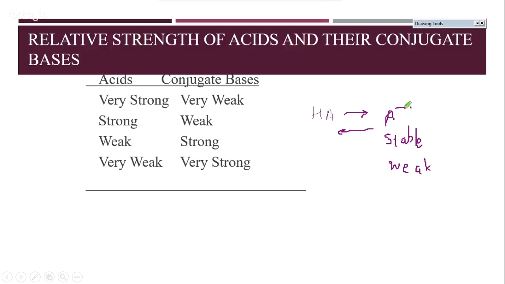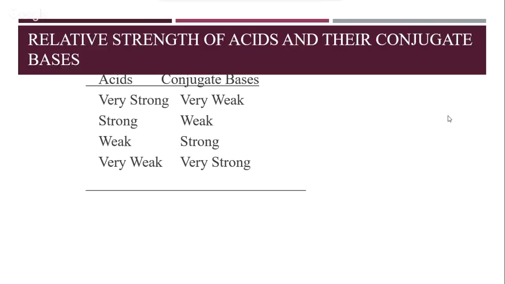So if HA is going to A minus and A minus is very stable, then HA would also want to be on the A minus side of the equilibrium, and hence it would be a very strong acid. So HA is a very strong acid and A minus is a very stable conjugate base, and therefore, because it is stable, it will also be a weak base. So that's a quick way to really understand how acids and bases can react with each other.